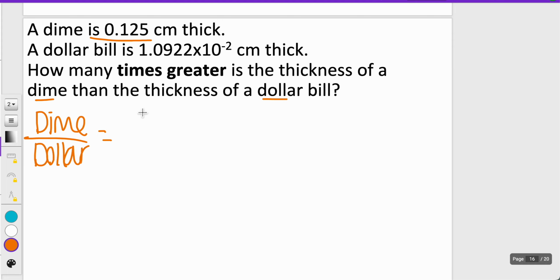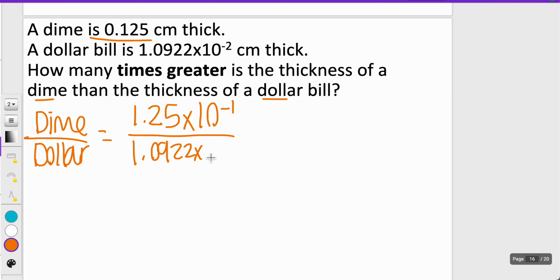We'll start with 0.125, let's put that in scientific notation. That'll be 1.25 times 10 to the negative first over 1.0922 times 10 to the negative second.